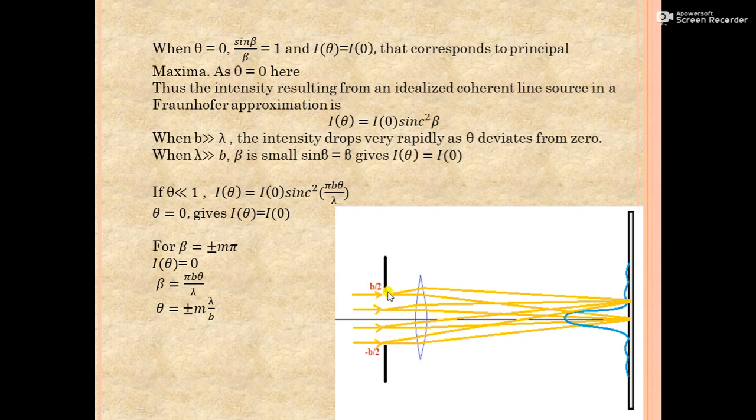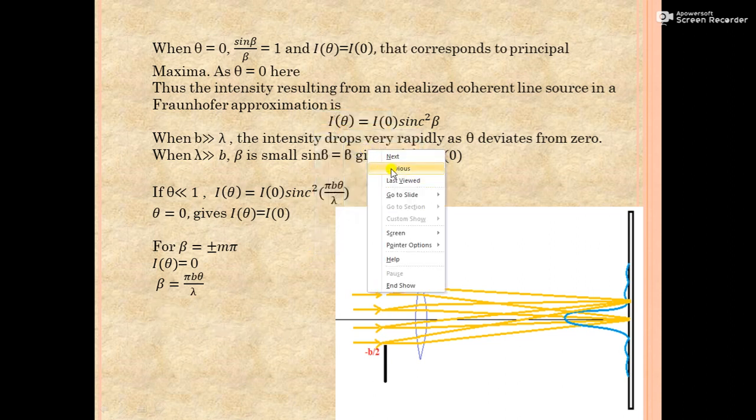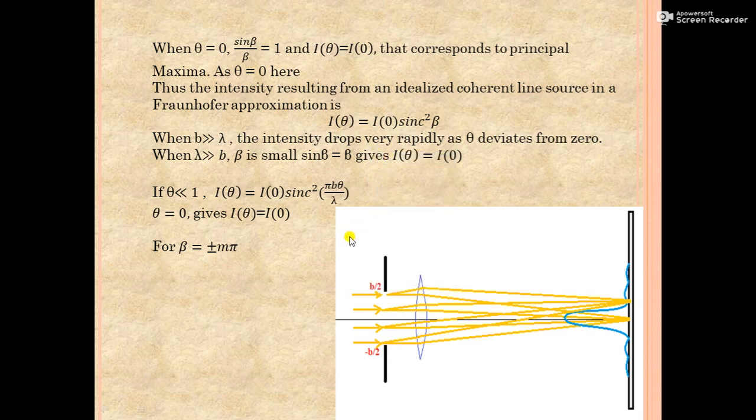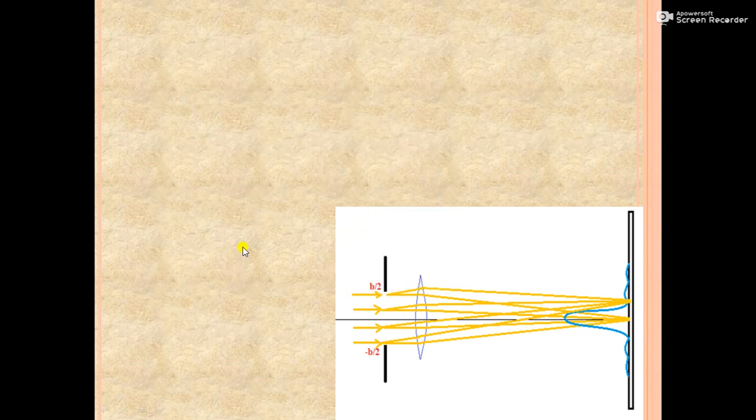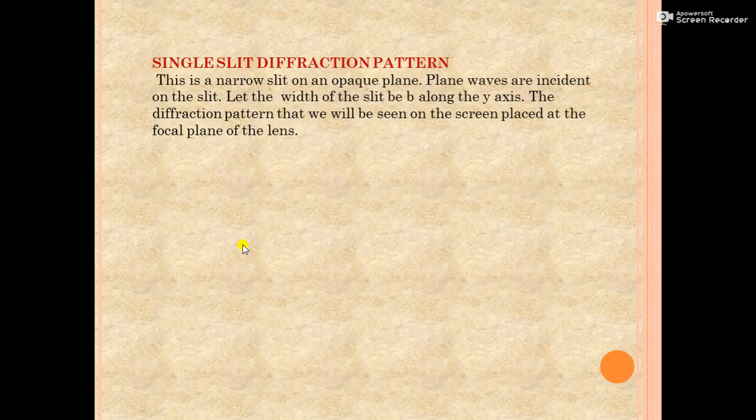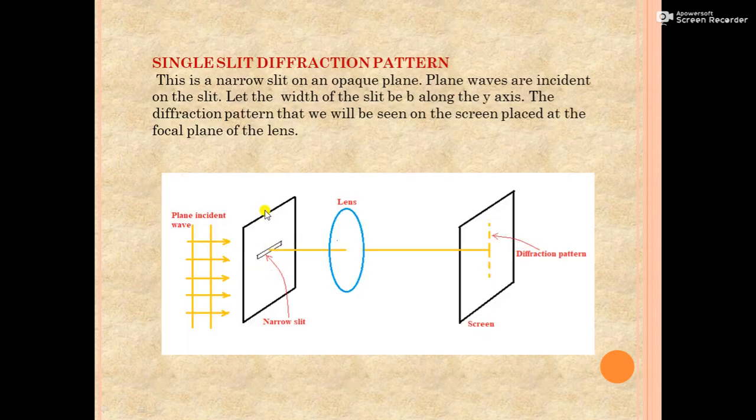That's why we have taken the integration along this direction, and we have neglected the other large dimensions, because the smaller the width, the larger the diffraction, and the larger the spread of light.